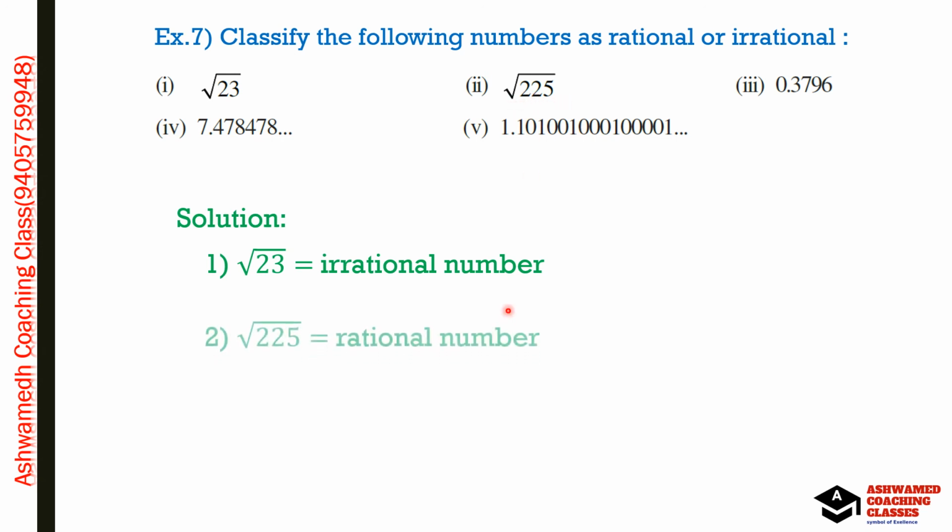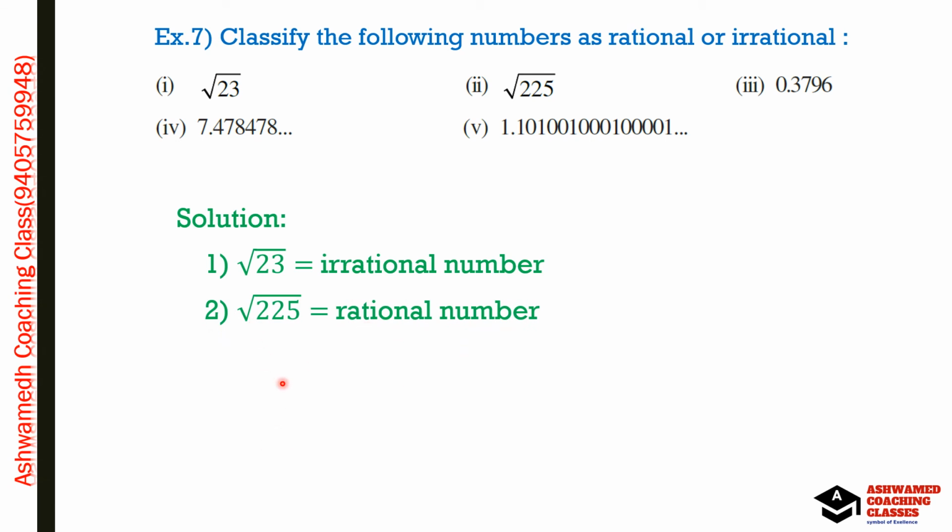The second one is a rational number because root 225 is nothing but plus or minus 15. Next is the terminating decimal 0.3796. There is no bar on this, and this is a terminating decimal, therefore this is also rational. With the help of the definition you can easily classify them.